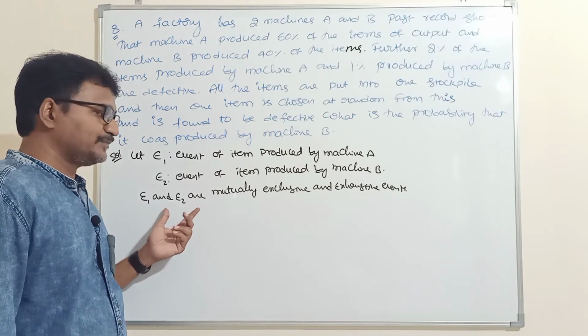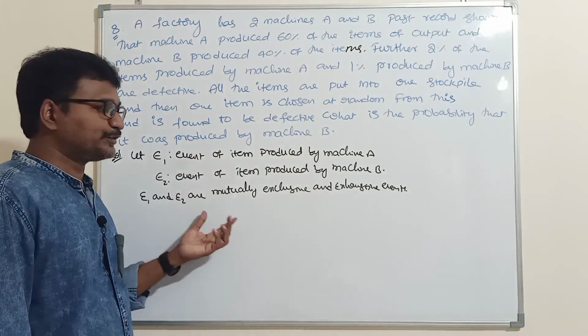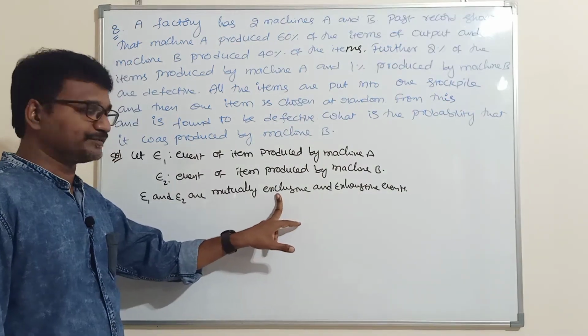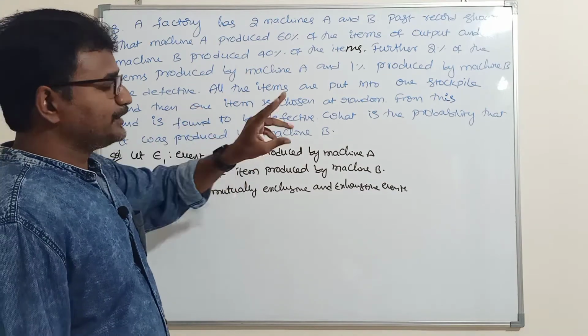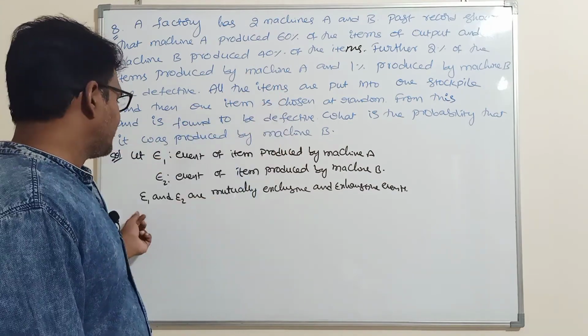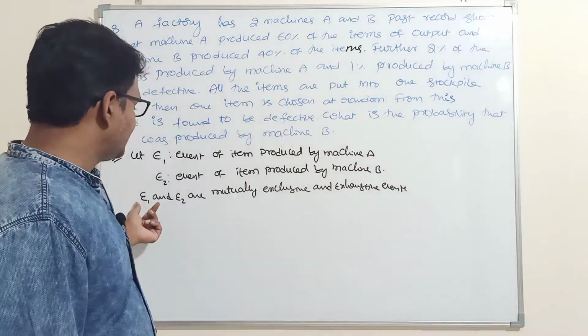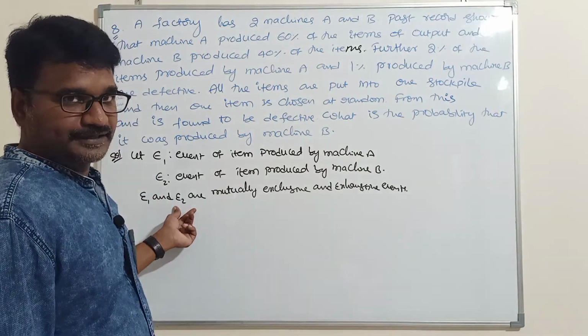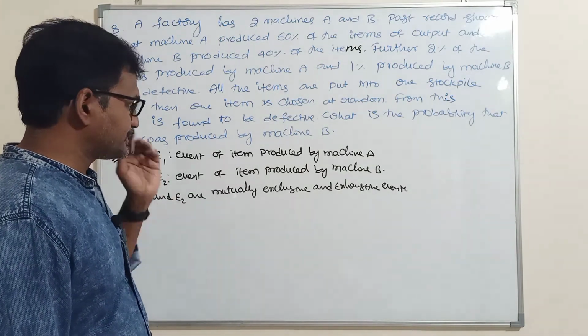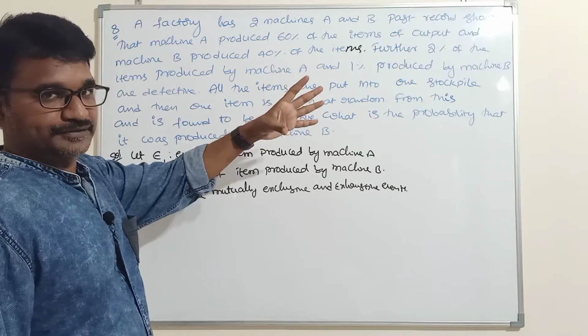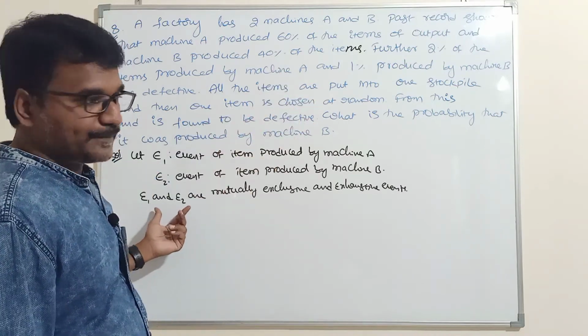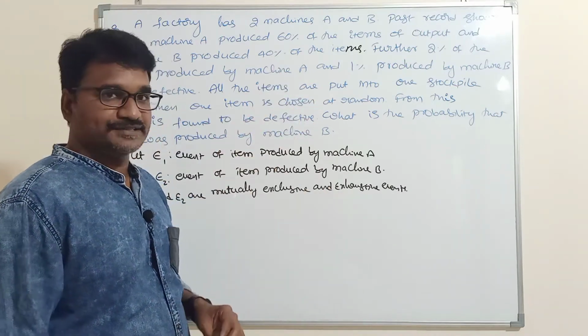Therefore, they are mutually exclusive: E1 intersection E2 equals empty set. Next, in total the company has only two machines. If you add all the items produced by machine A and machine B, then you will get the total product. That's why their union equals the sample space. So therefore, they are exhaustive events.